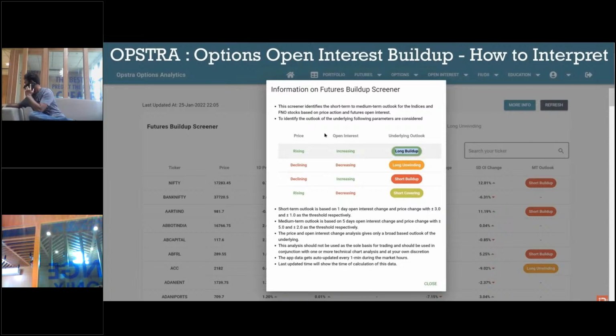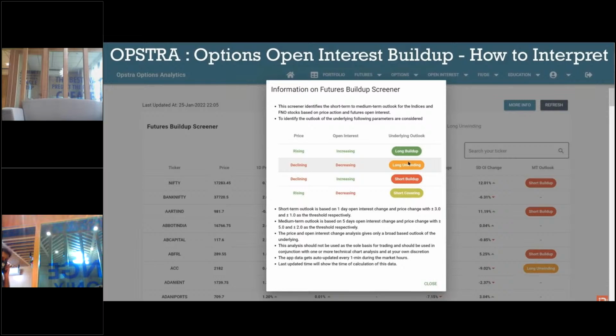When the open interest decreases with a decrease in price, we call it long unwind. Let's say somebody has a lot of call positions, a long call position, and suddenly the market is going down.